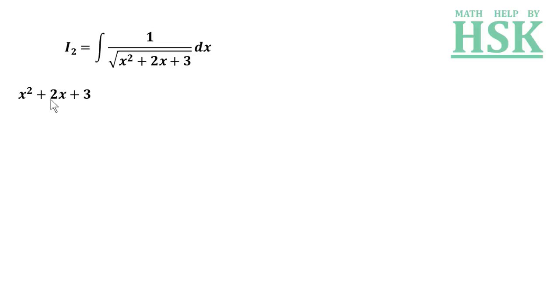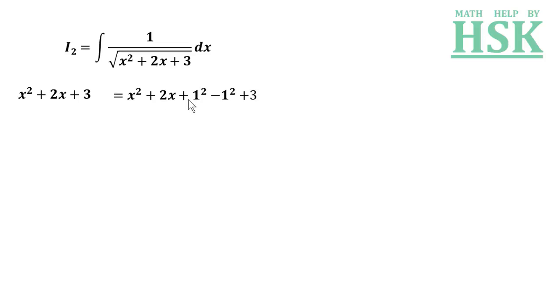So taking x square plus 2x plus 3, the coefficient of x square is 1. So I'm going to take half of the coefficient of x, that is 2 upon 2, 1, and add and subtract it to this expression. So I'm going to get x square plus 2x plus 1 square minus 1 square plus 3. Right?